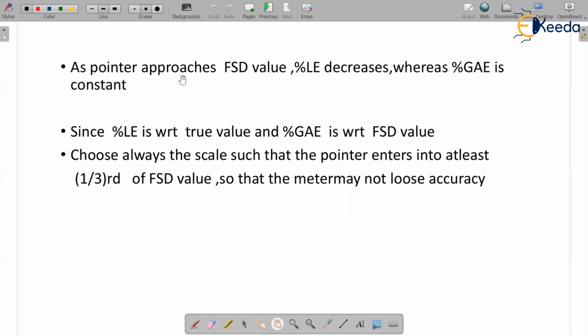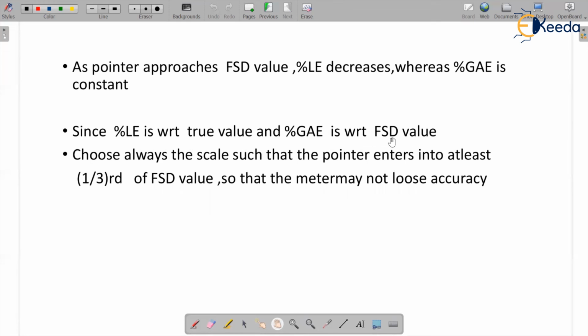Percentage LE is with respect to the true value, and percentage GAE is with respect to the FSD value.